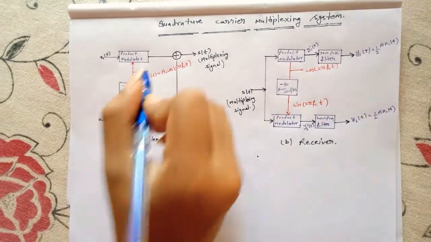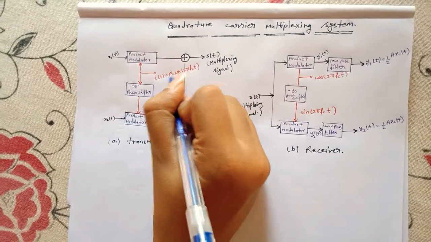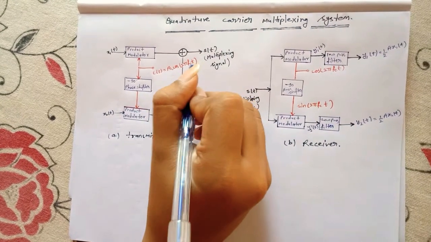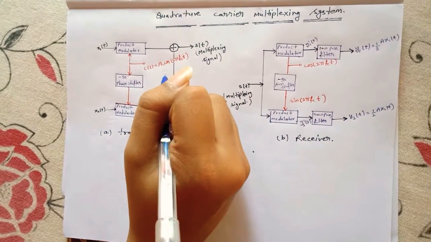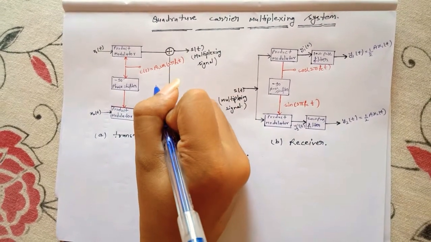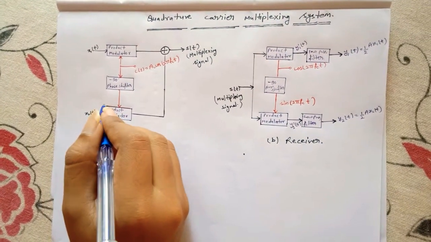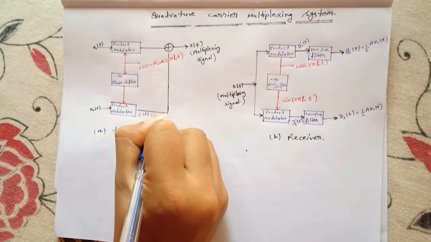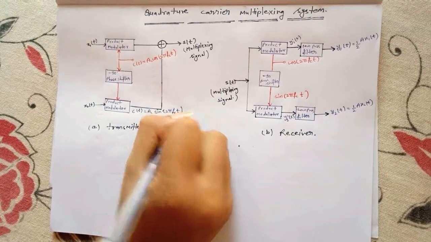As per the name, we have a carrier signal c(t) = Ac cos 2πfct, and we are translating that into quadrature phase. Here there is Ac cos 2πfct, and if I provide a 90-degree phase shift, my carrier will be c(t) = Ac sin 2πfct.